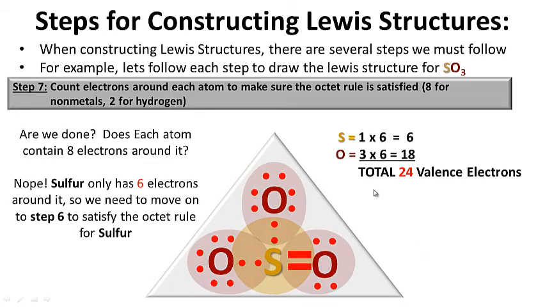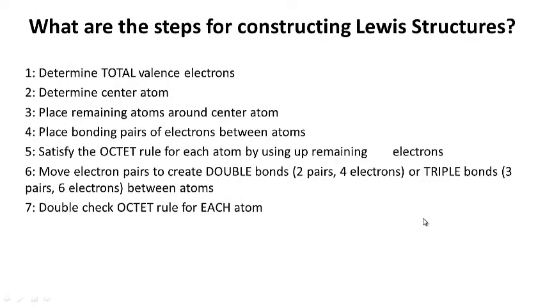And there must be a total of 24 valence electrons here, no more nor less. So we have 3 times 8, 24. All right, so for your notes, what are the steps for constructing Lewis structures? Go ahead and pause this while you write. I'm going to move on.